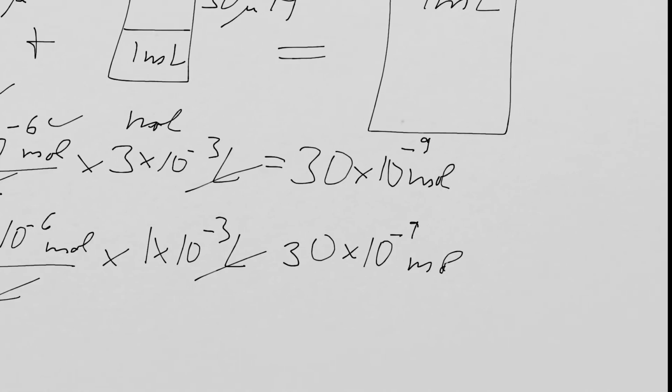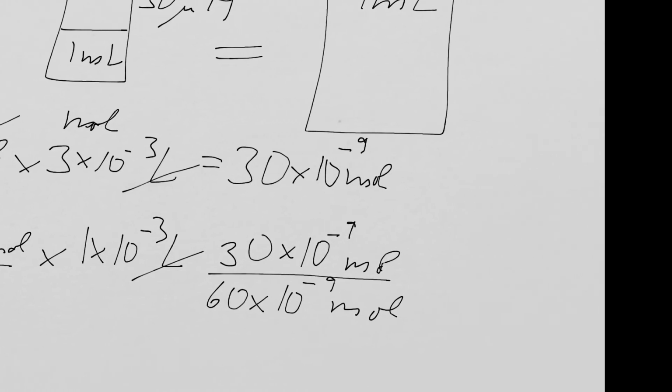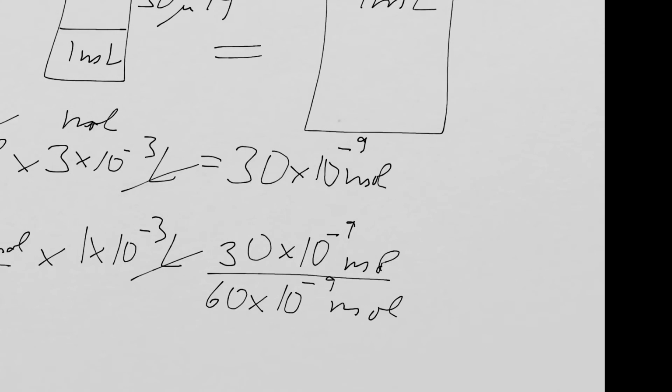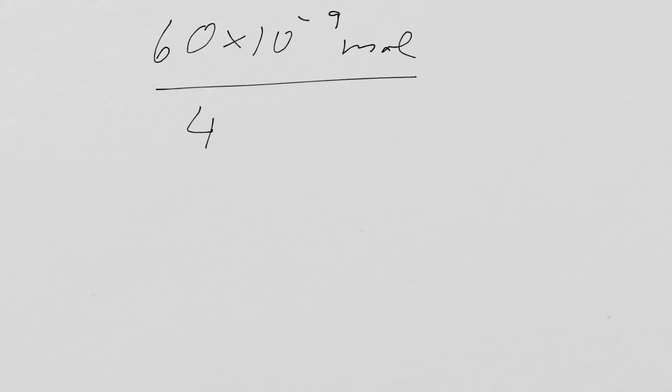So we have 30 times 10 to the minus 9 plus 30 times 10 to the minus 9 gives 60 times 10 to the minus 9 mole in a total volume of 4 milliliters. I write that. So we have 60 times 10 to the minus 9 mole in a total volume of 4 times 10 to the minus 3 liters.